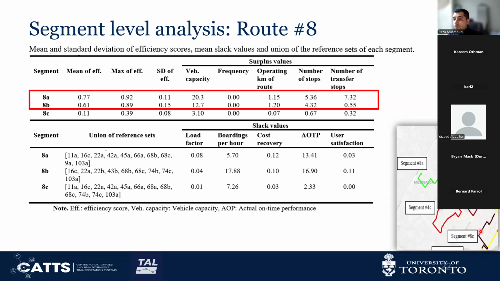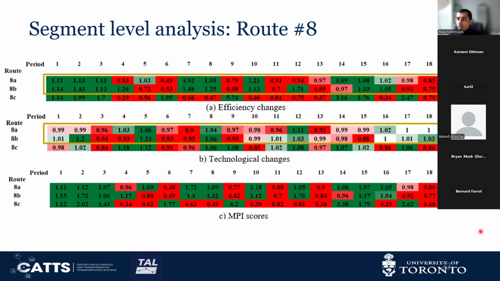But we have a lot more evidence that supports this idea. For example, if we look at the other results of T-Spark, the results provided by the Malmquist Productivity Index, which shows the actual change in the performance of these transit routes, we will see that during the last 2 years, the overall performance of these segments, the efficiency change, and the technological change in these segments had a positive, improving trend.